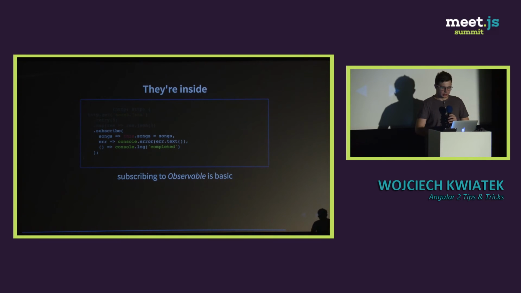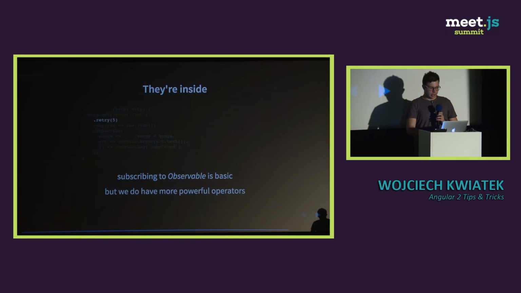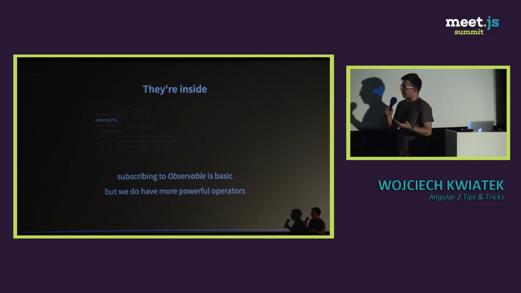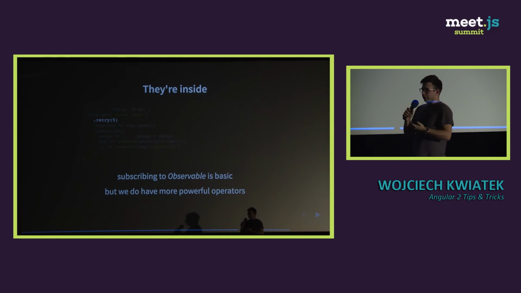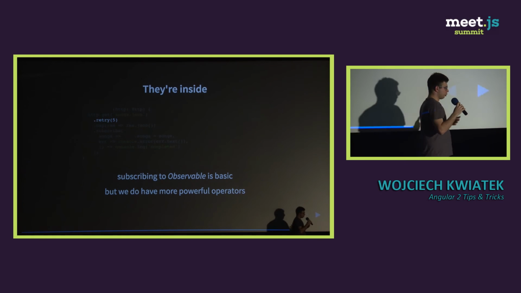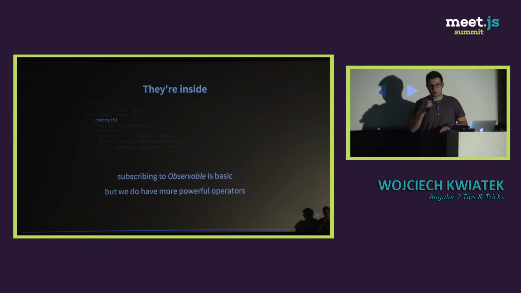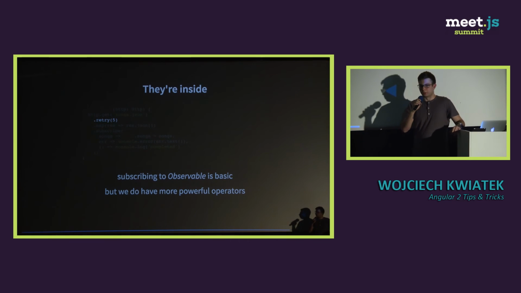And there's something really, really similar to that one that we used in promises. And what's cool about RxJS, we have plenty of operators, like, for example, retry. I'm not going to expand on it. You can find a lot of operators, because using Rx is about using the right operator for the right job.